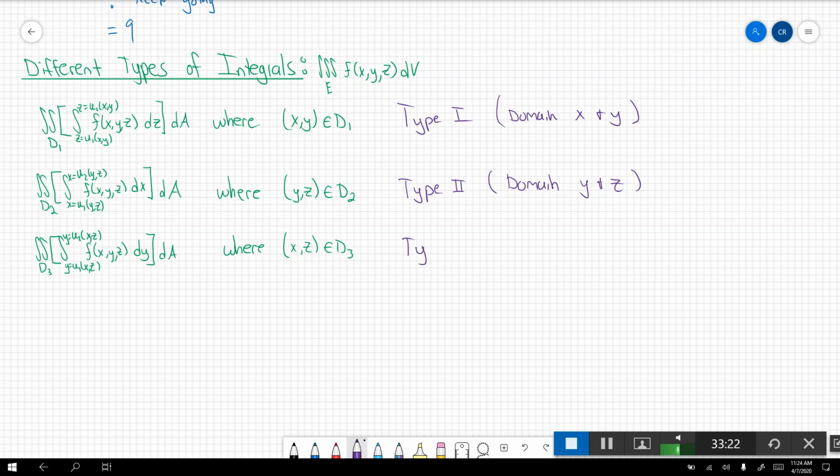Type 3 integral. Type 3, we basically have the domain of x's and z's. So if we see the function that we want to integrate and we say, hey, I think we want it to be in the domain of x's and z's, perfect. Let's put that in the domain of x's and z's and see where that leads us.